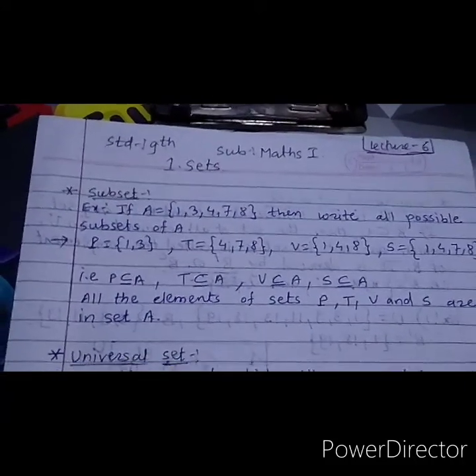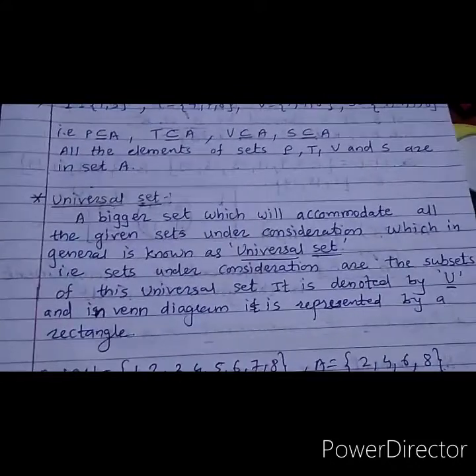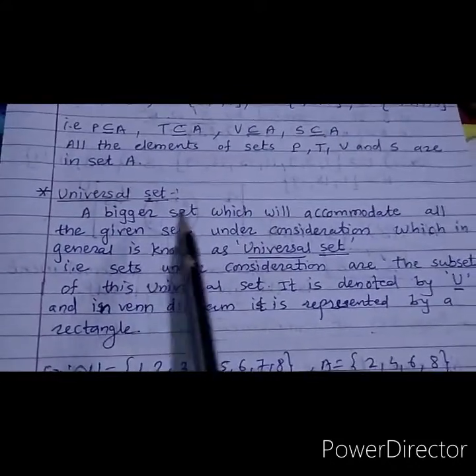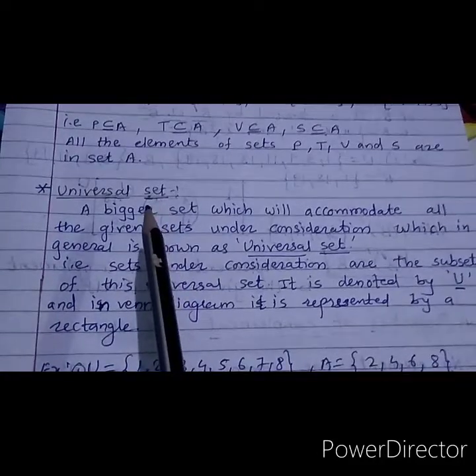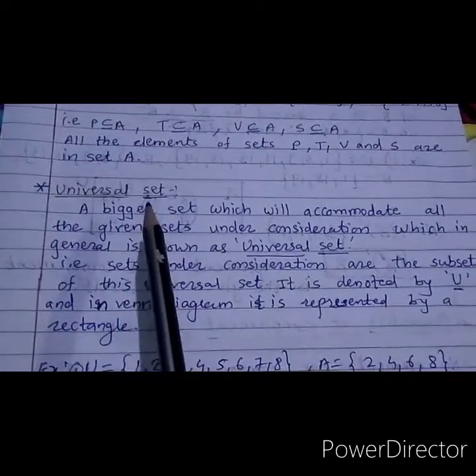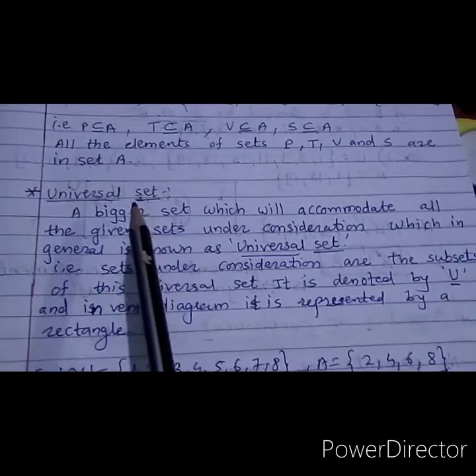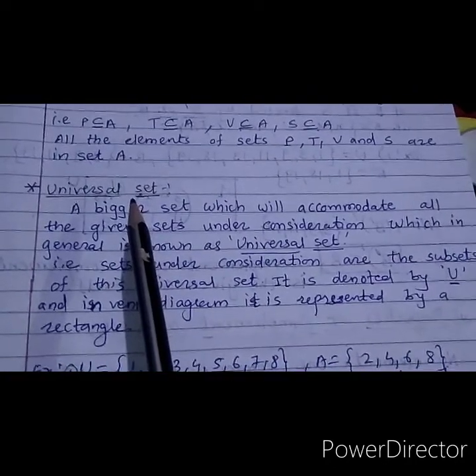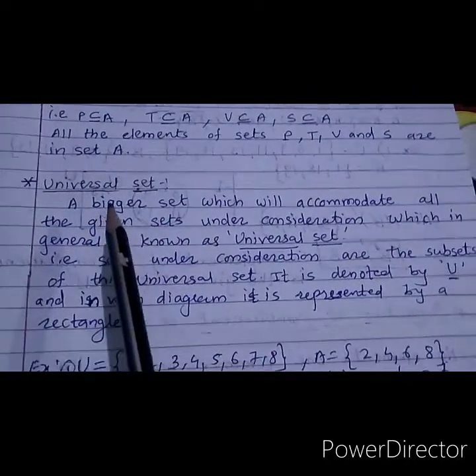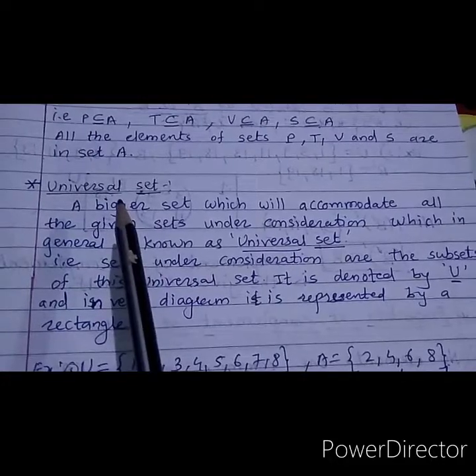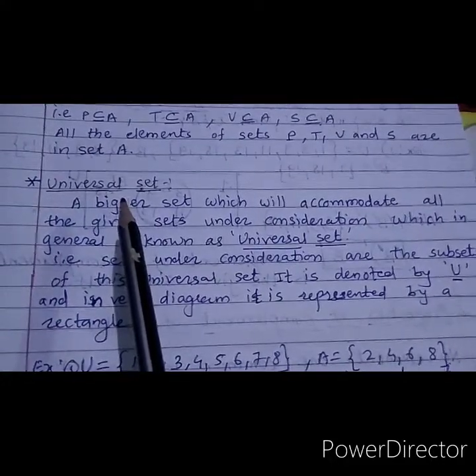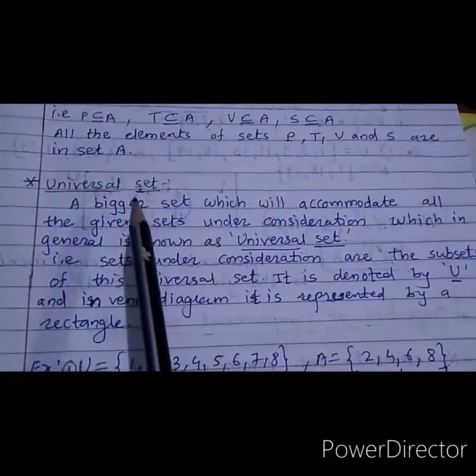Now let us see the next point, universal set. Universal set means a bigger set which contains all the elements of other sets. But all the elements of the universal set are not in another set. Therefore, that set is called the universal set.